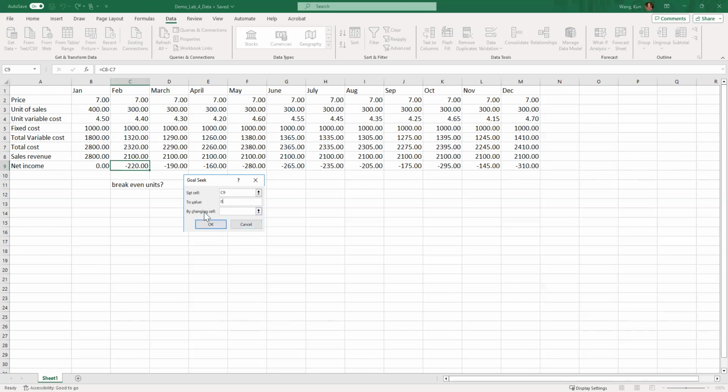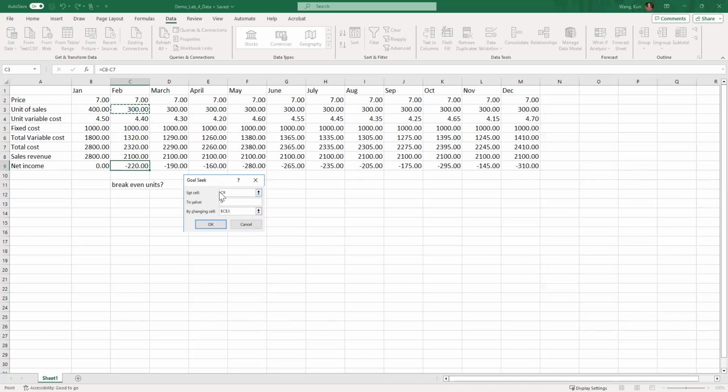And I want to change the units of sales, because I want to find out the break-even sales units. You can manually type this, which should be C3, or use the arrow to refer to it.